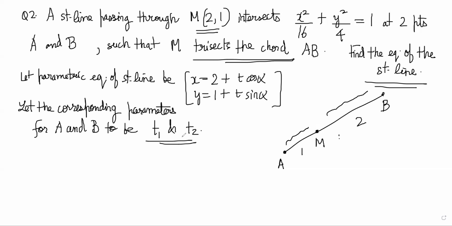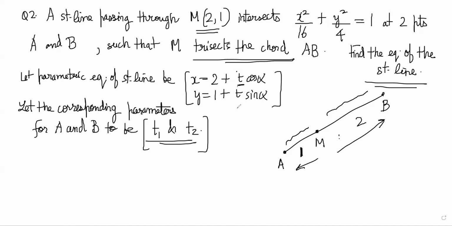What do I mean by that? When you take different values of T, you should get different points on the straight line, right? If you take the T value as T1, you should get point A, and if you take the T value as T2, you should get point B. Both of them are lying on the same straight line. But since you are going in opposite directions, and we know the ratio of 1 is to 2, we know a relation between T1 and T2.